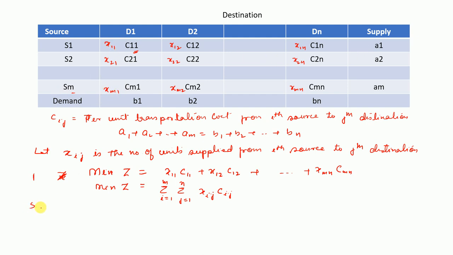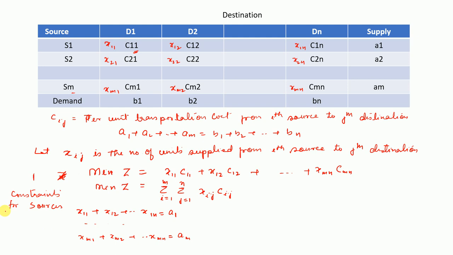So for sources, you can write x11 plus x12 plus up to x1n equals A1, and similarly x m1 plus x m2 and up to x mn equals A m.